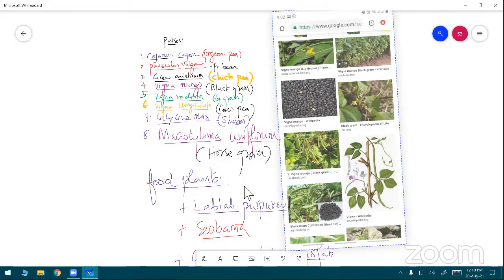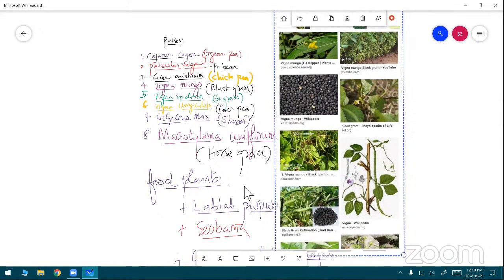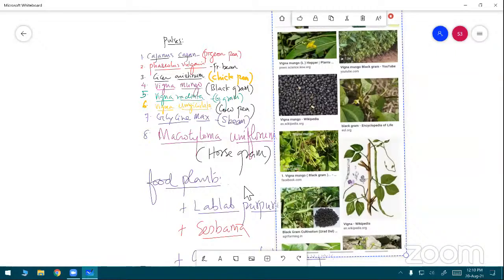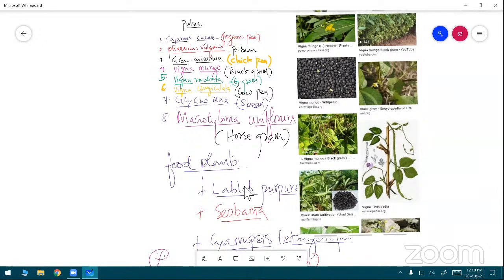Vigna mungo is there. See, this is Vigna mungo, black gram, which is used for preparation of food like idli and dosa. And one more, Vigna radiata, green gram, you know very well. Glycine max also you know very well. And Macrotyloma uniflorum. I want to show you some important categories.